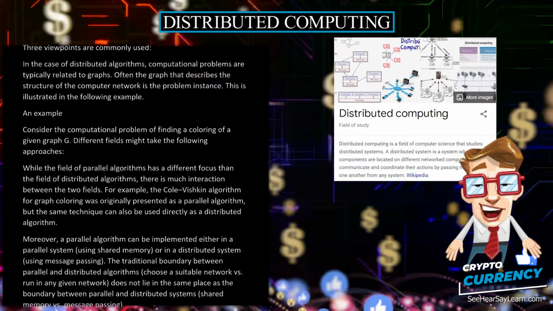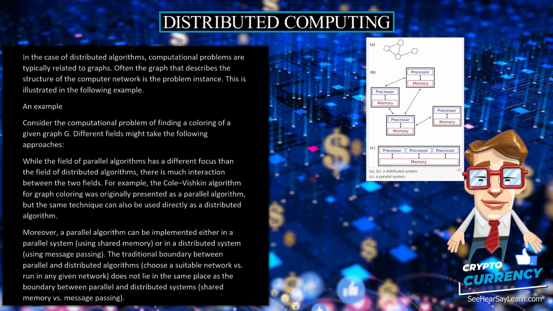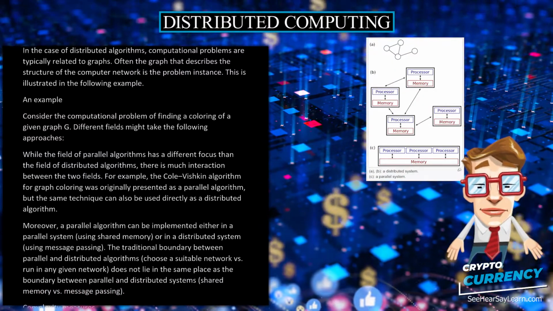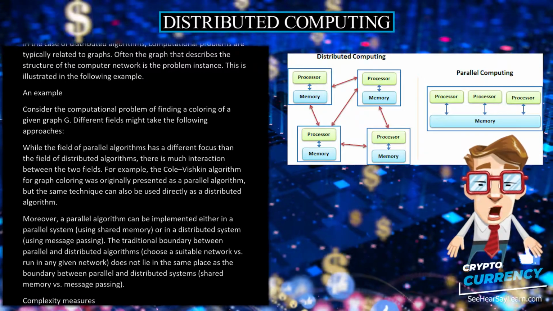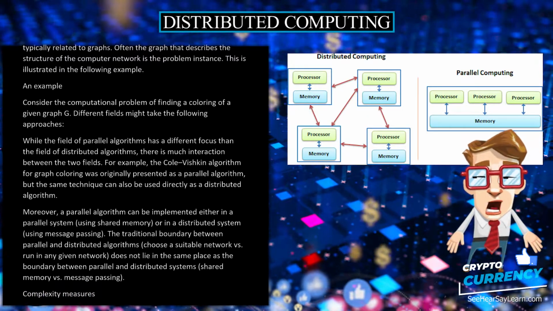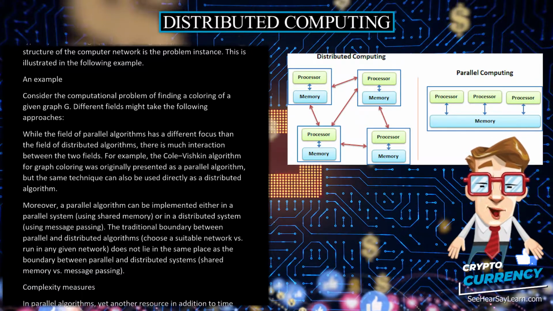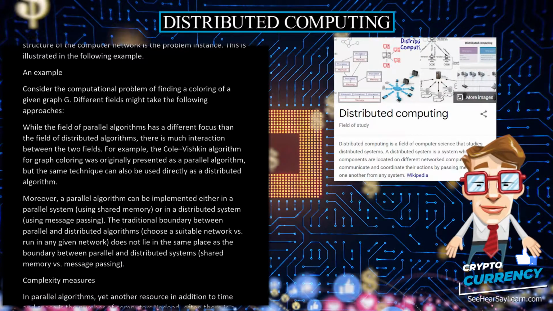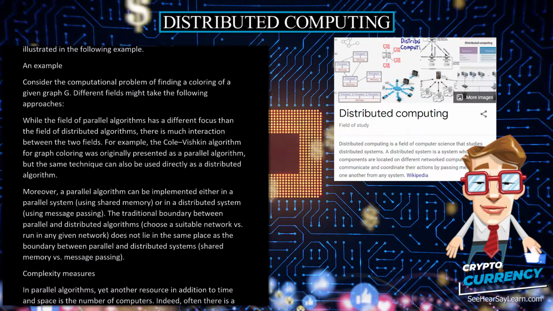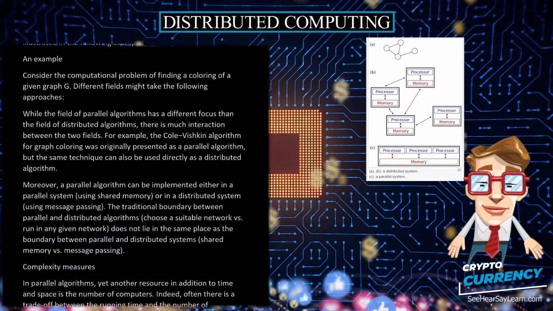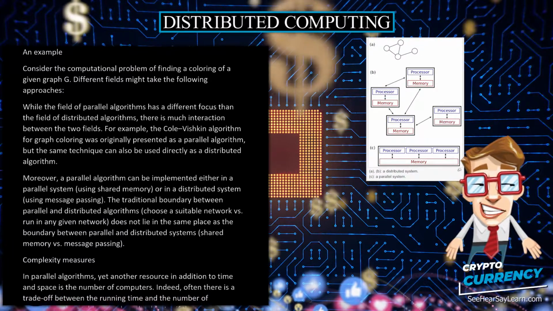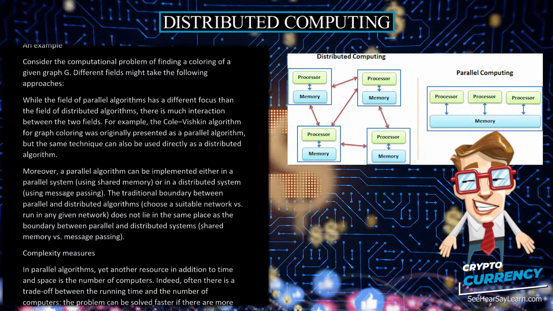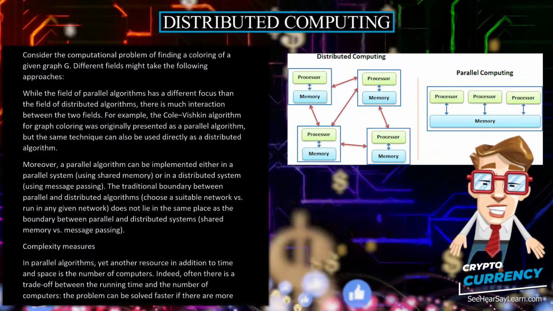Moreover, a parallel algorithm can be implemented either in a parallel system, using shared memory, or in a distributed system, using message passing. The traditional boundary between parallel and distributed algorithms (choose a suitable network versus run in any given network) does not lie in the same place as the boundary between parallel and distributed systems (shared memory versus message passing).